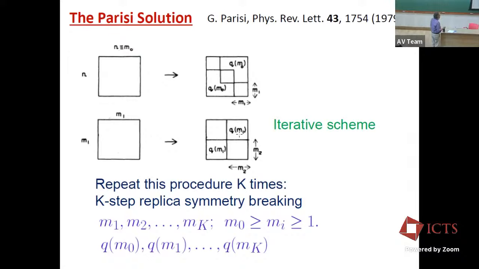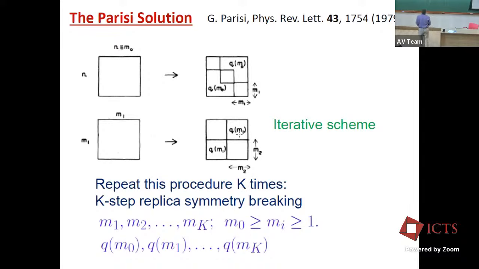So you have two numbers here. If I just stop here, then this M1 by M1 block will not have this substructure anymore. So if you stop there, it's QM1, right? Yeah, you can call it QM1. So that one I call Q0 and the other one I call Q1.